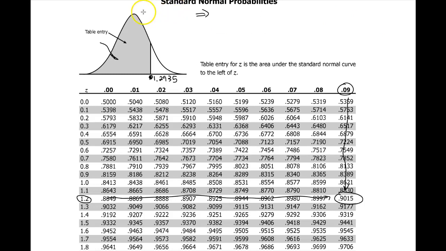So this should be when z is equal to 1.29. That's going to imply that it has a corresponding probability of 0.9015. Okay.